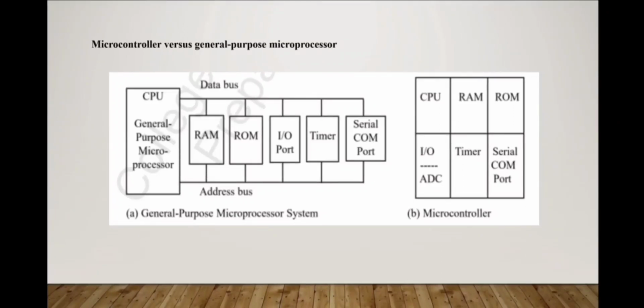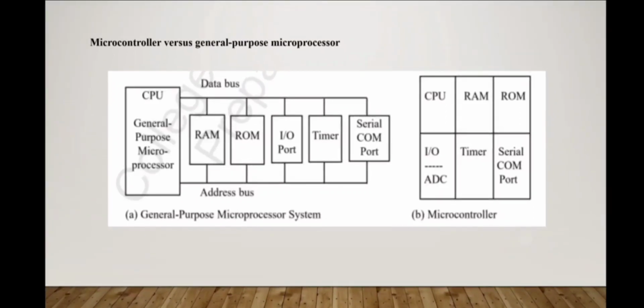From this figure it is clear that both contain the same devices: a CPU, and also RAM, ROM, input output port, timer, serial communication port, etc. in the microcontroller unit as well.